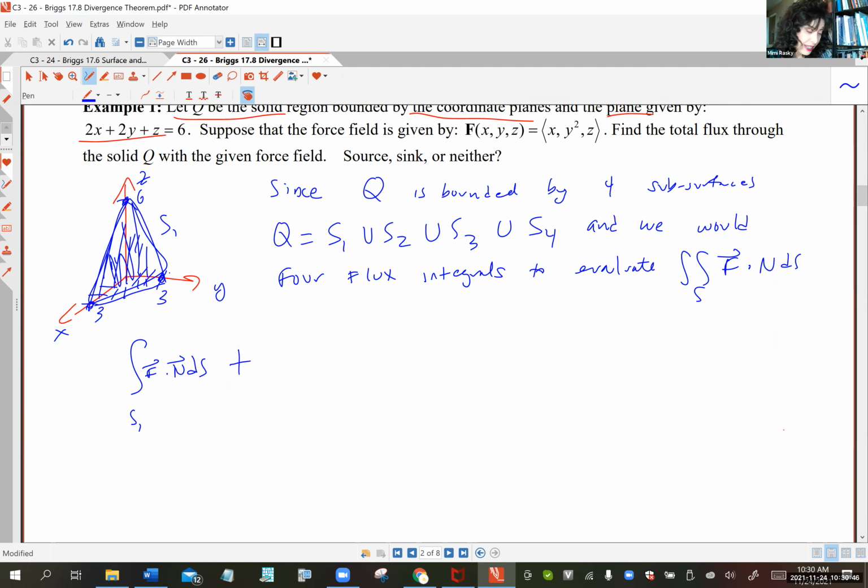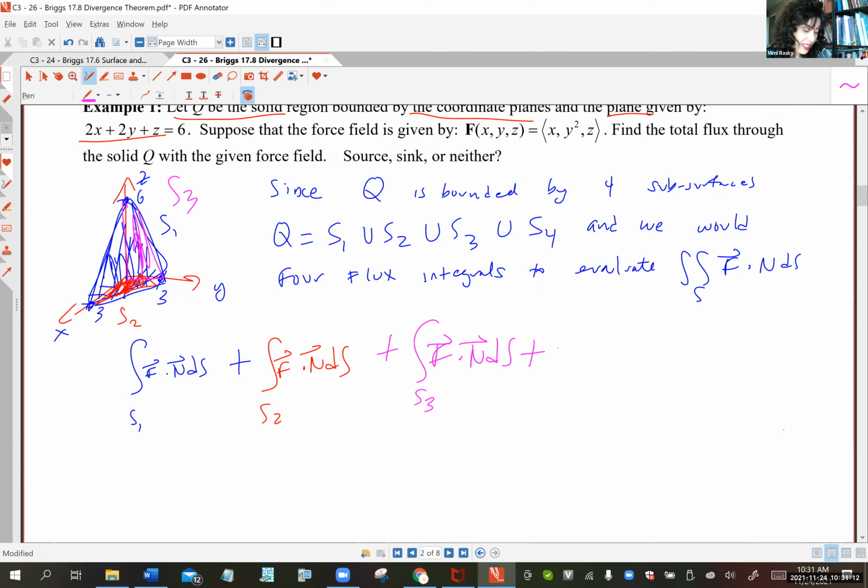Plus, and then we'd have to do another flux integral for the bottom base down here. So that we'll call S2. And then we'd add that flux integral to this side over here, call that S3. That's sort of the YZ plane solid, or surface rather.